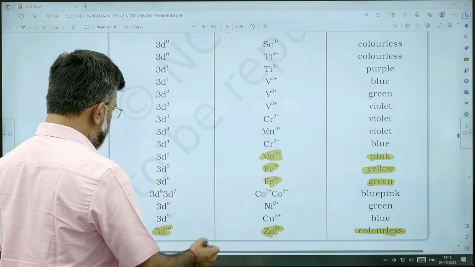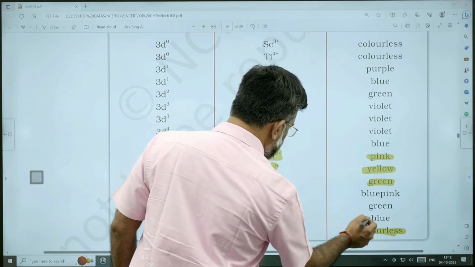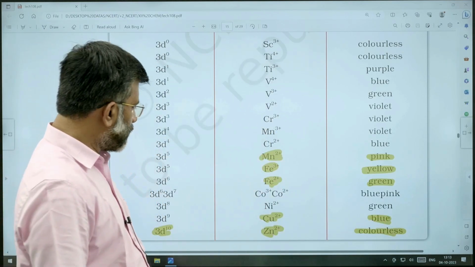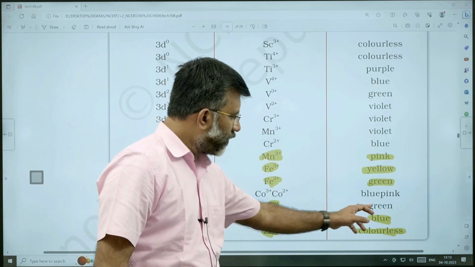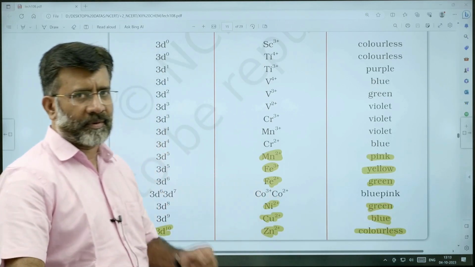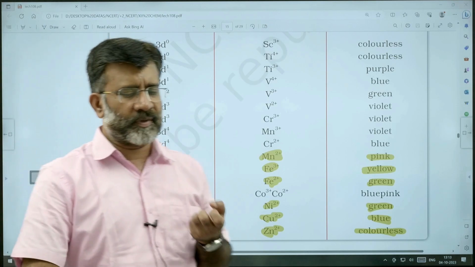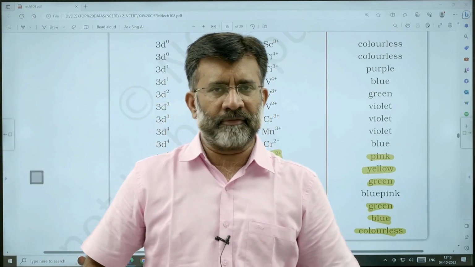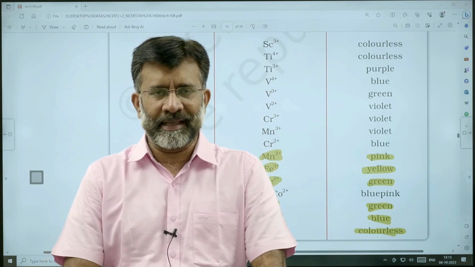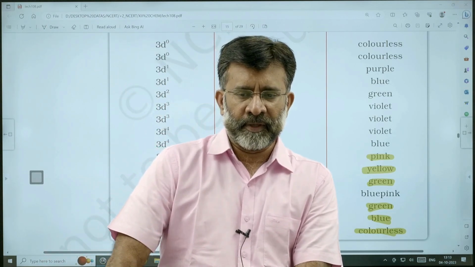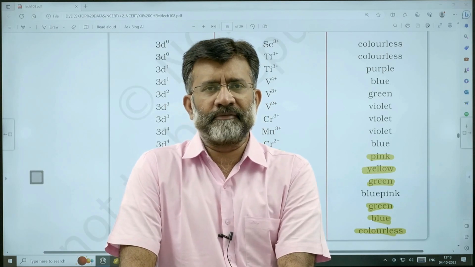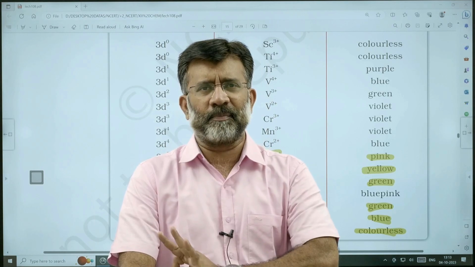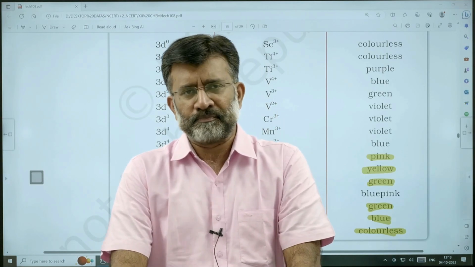Copper is well known for giving a blue colored solution. Nickel is well known for giving green colored compounds. So try to familiarize yourself with the most commonly encountered ions and their compounds and their colored nature. Among the various atomic and physical properties of transition metals, one of the highlighting properties is color, no doubt.